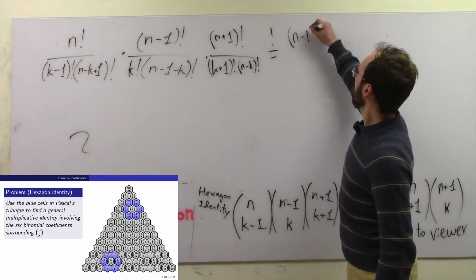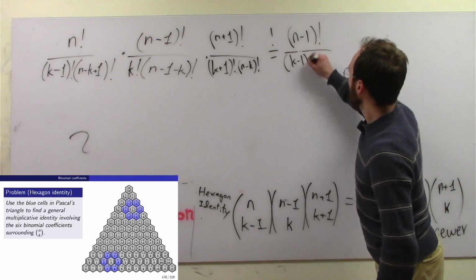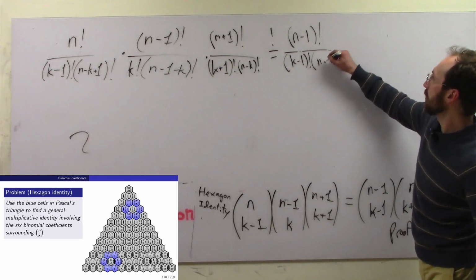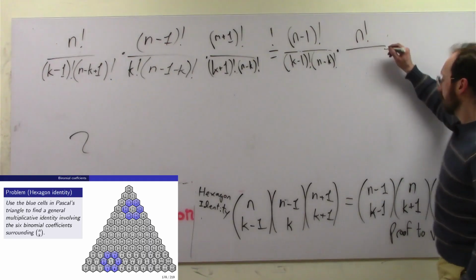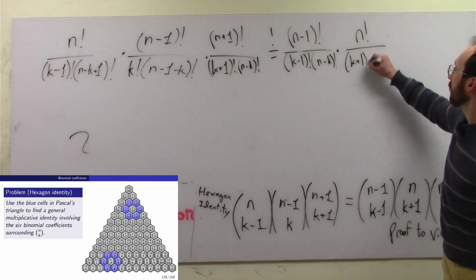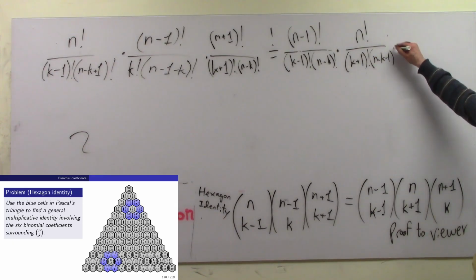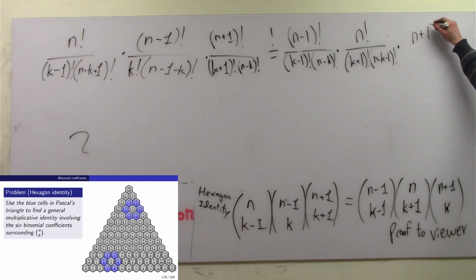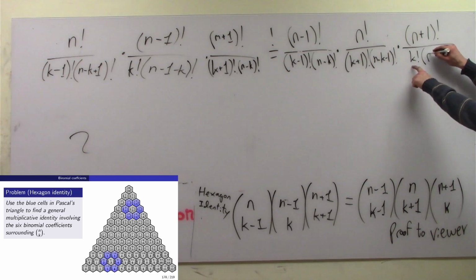We have n minus 1 factorial divided by k minus 1 factorial times n minus k factorial times n factorial divided by this wonderful thing, k plus 1 factorial times n minus k minus 1 factorial, and we're almost done, times n plus 1 factorial divided by k factorial times n plus 1 minus k factorial.